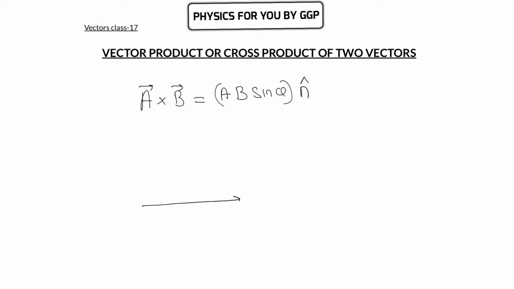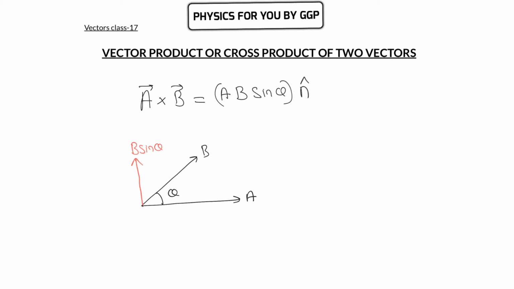Now we'll discuss why we are writing ab sine theta over here. Suppose we have a vector a and another vector b, and the angle between a vector and b vector is theta. We know how to resolve b into components. The component of b perpendicular to the direction of a vector is b sine theta.